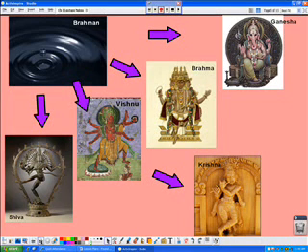So what Hinduism does is Hinduism breaks up Brahman into pieces. Brahma, the creator. Shiva. I think Shiva's the destroyer.